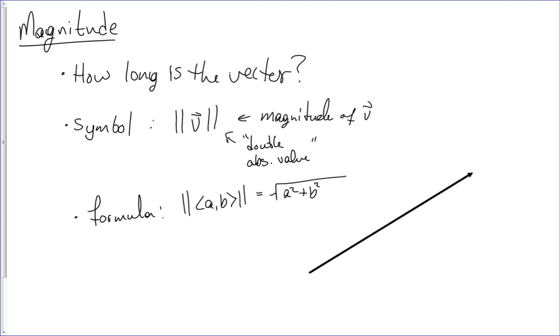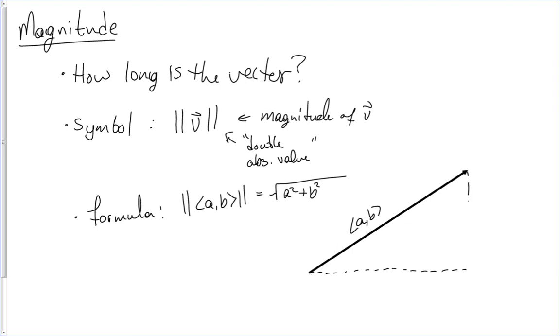Say this was vector a comma b. Well, if you made a right triangle out of this, let me see how straight I can draw this line. Not very.